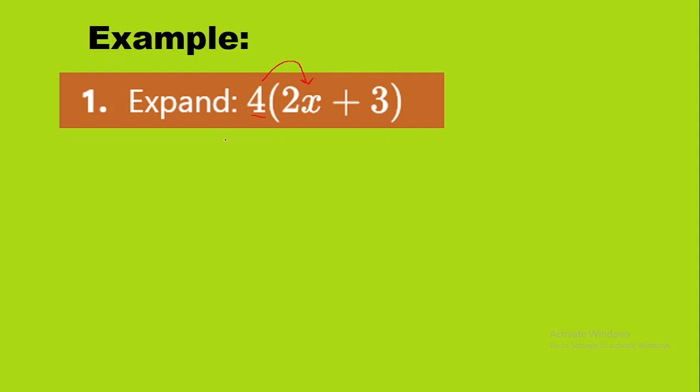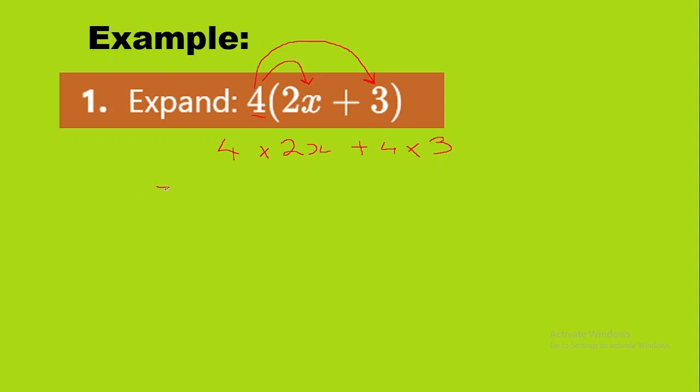So you'll have 4 times the 2x, and you also have plus 4 times the 3.